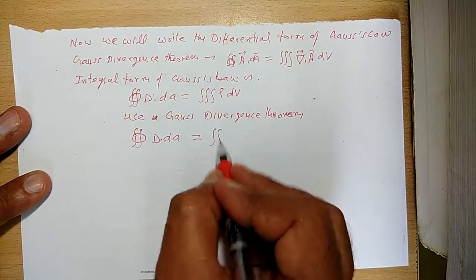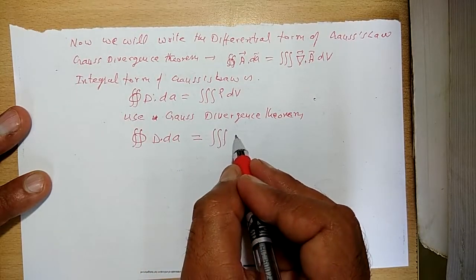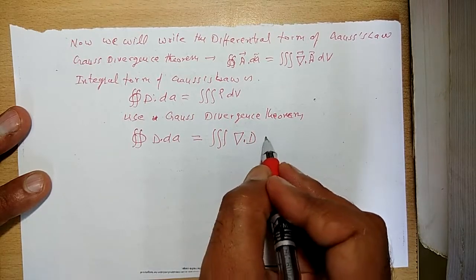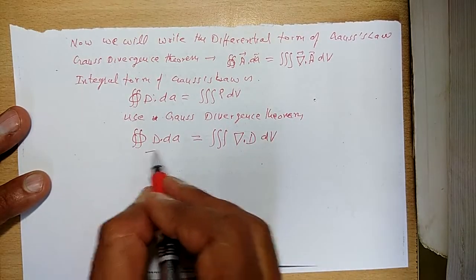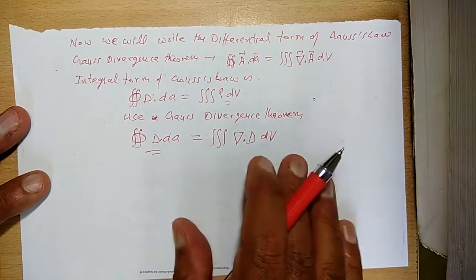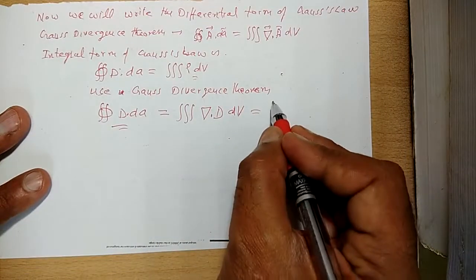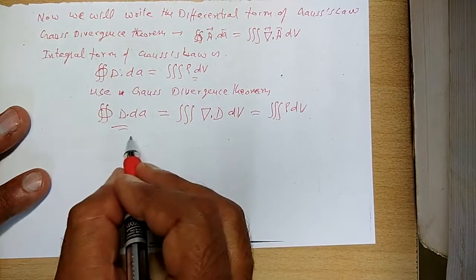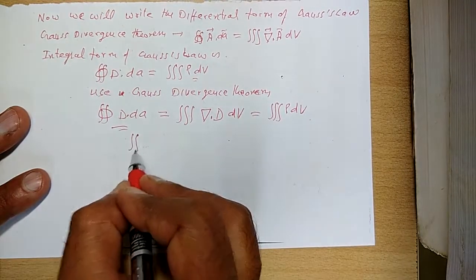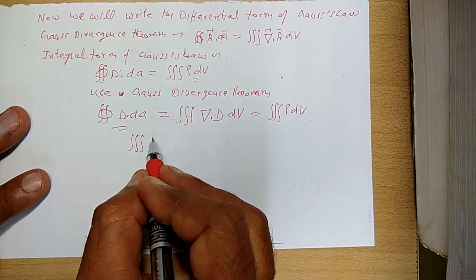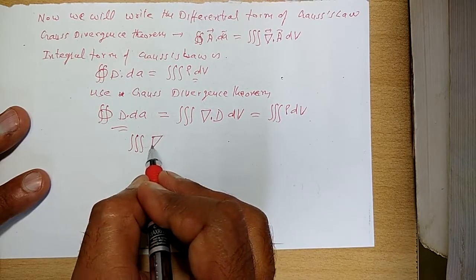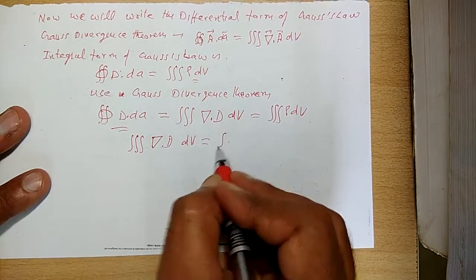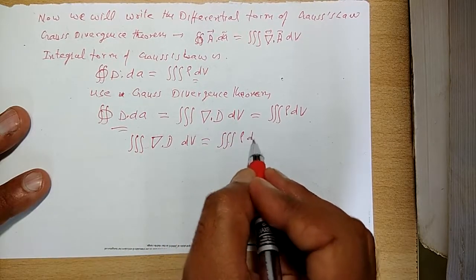We can write this as equal to volume integral of divergence of d into dV, and we know that this quantity is equal to rho dV. Or I can write this as volume integral of divergence d into dV is equal to rho into dV.